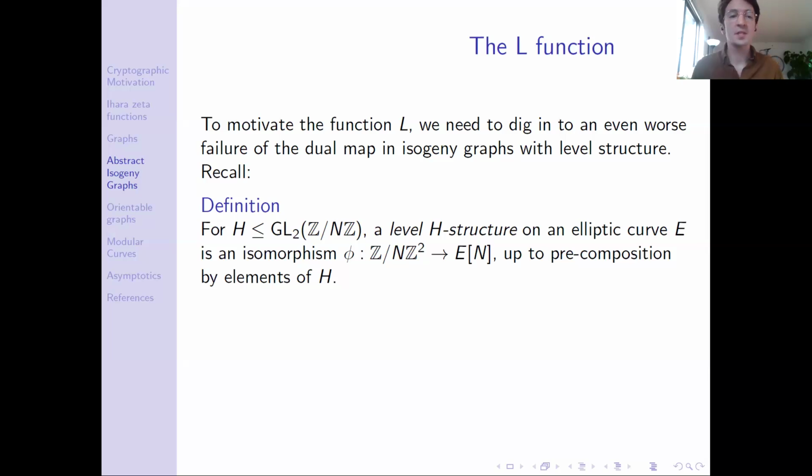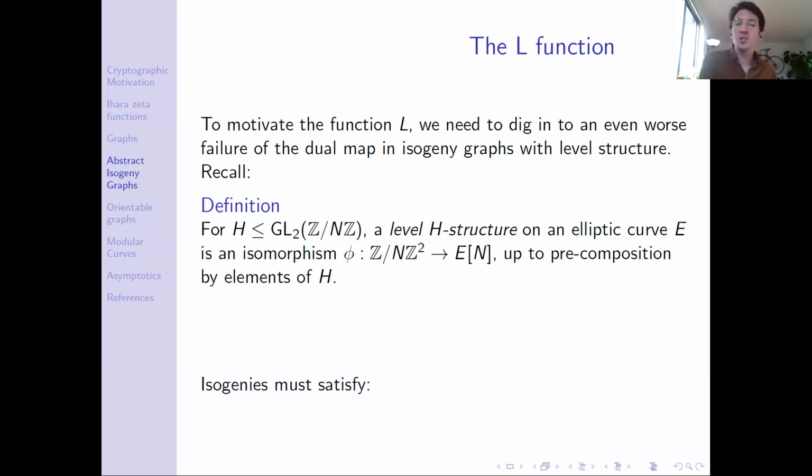So if you haven't seen this before, a level H structure for H some subgroup of GL2 Z mod NZ is an isomorphism between Z mod NZ squared and the N torsion, considered up to precomposition by elements of H. So what this means is you've essentially chosen a basis of your N torsion, but you identify two choices of bases if they're the same up to the action of an element of H, thought of as a matrix in GL2 Z mod NZ.